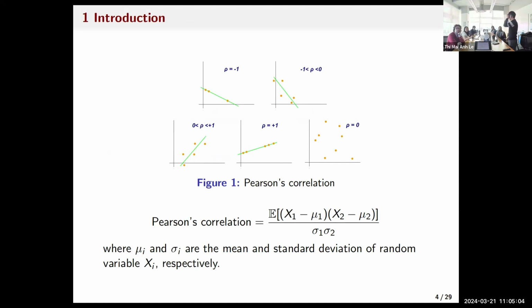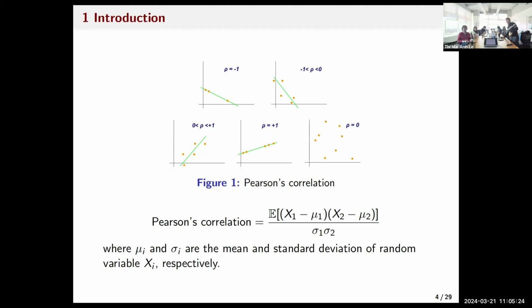From the title of this presentation, it is clear that we are going to study the relationship between the correlation and coskewness. The first thing to know is what correlation and coskewness are. I think everyone is familiar with the concept of a correlation coefficient, especially the Pearson correlation.